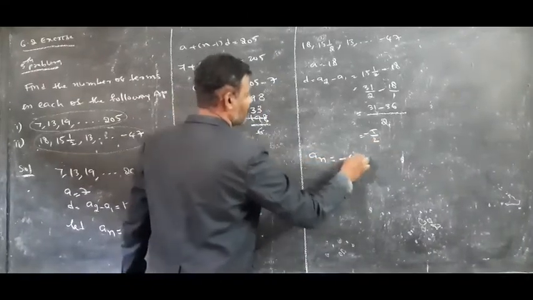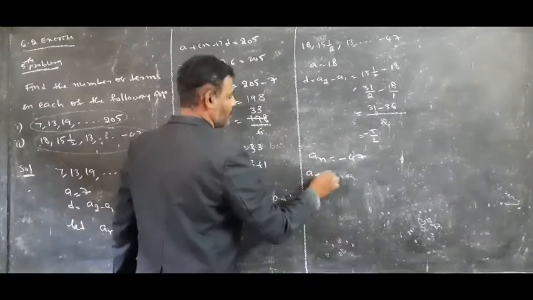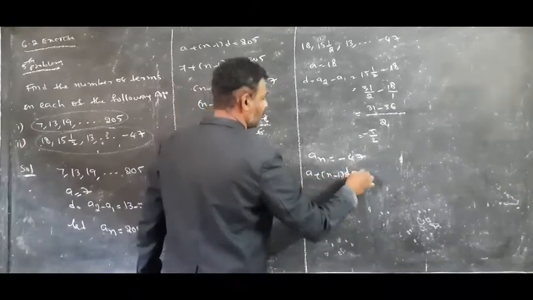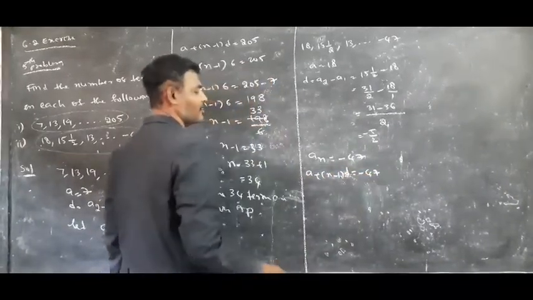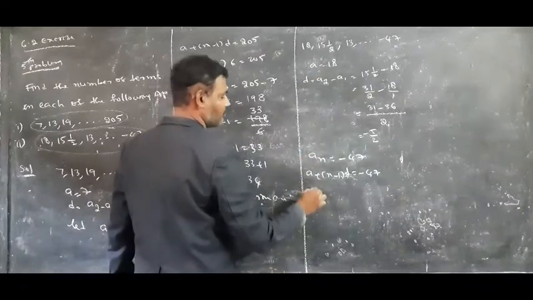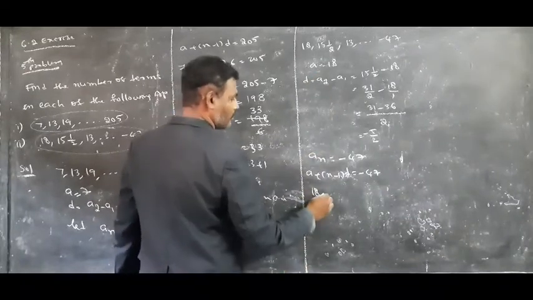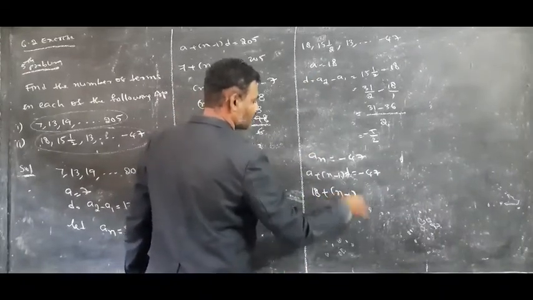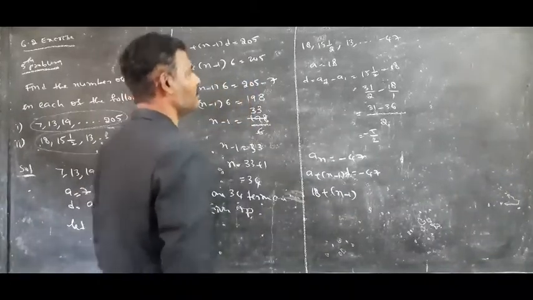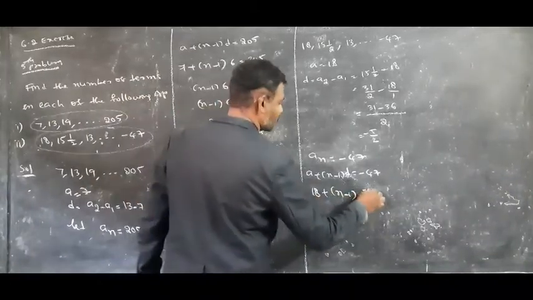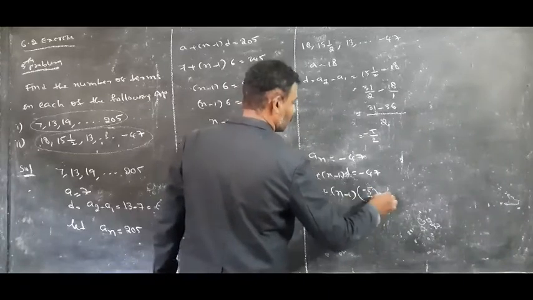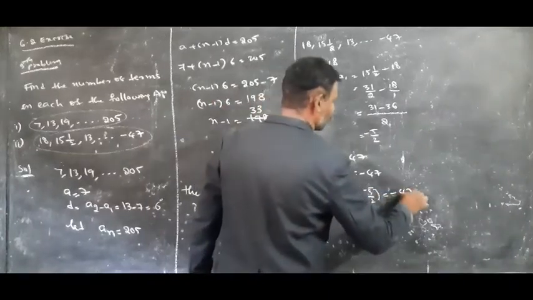an = -47. a + (n - 1)d = -47. What about a? 18 + (n - 1) into, what is the value of d here? d = -5/2, equals -47.